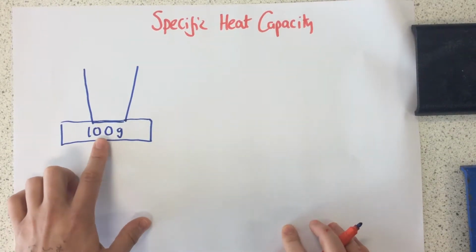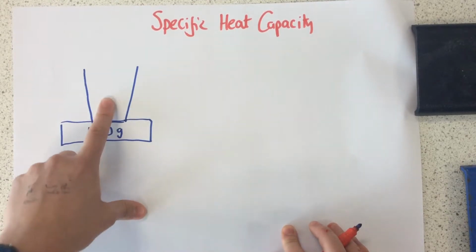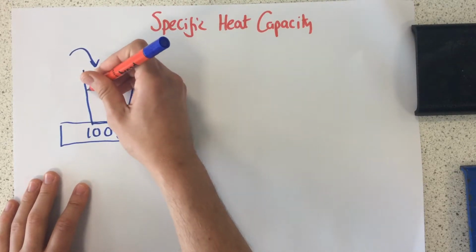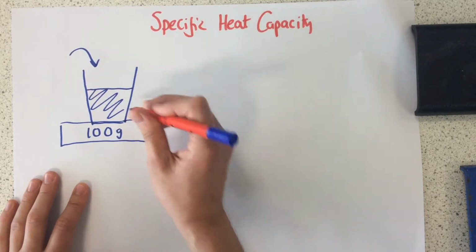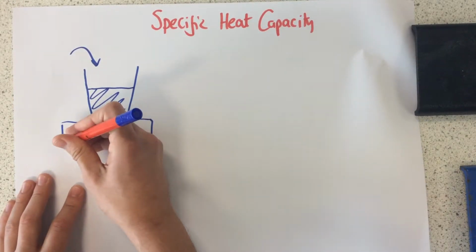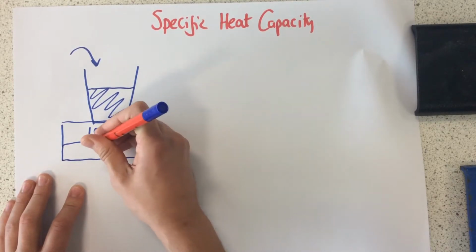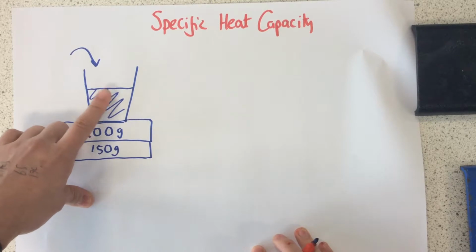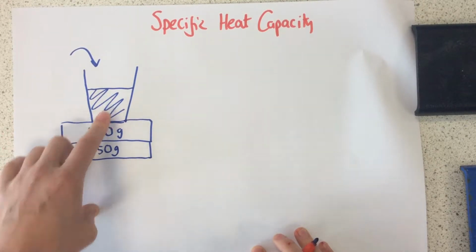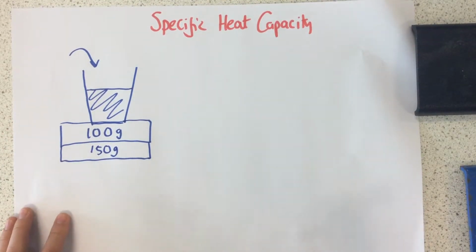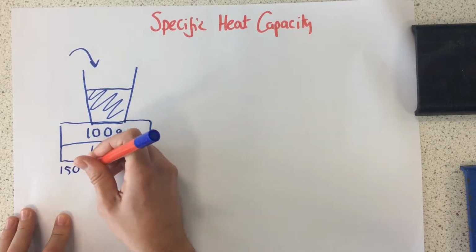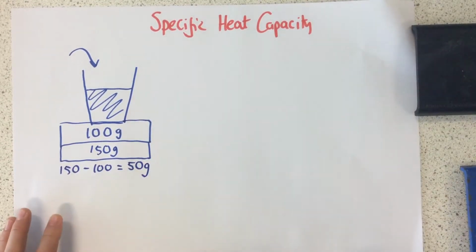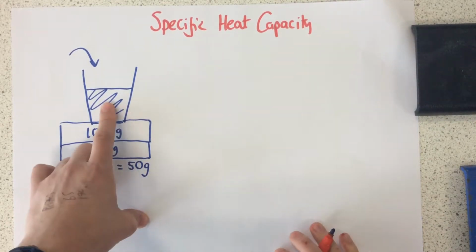Then I add my substance, my liquid, and let's say now this has a mass of 150 grams. So in order to find the mass of just this liquid here, I'm going to do 150 minus 100, which gives me an answer of 50 grams, okay? So that's my first step.